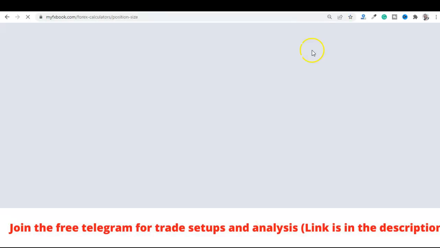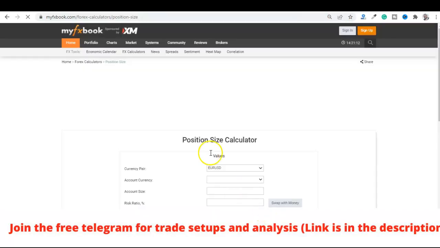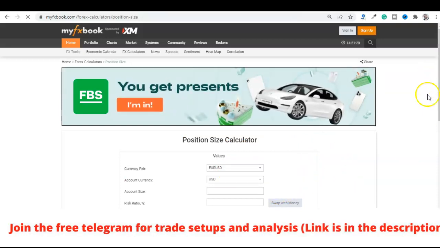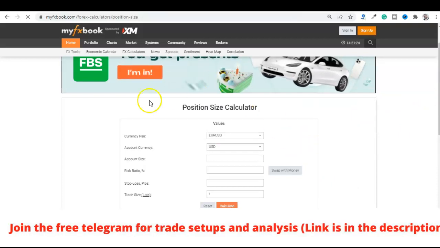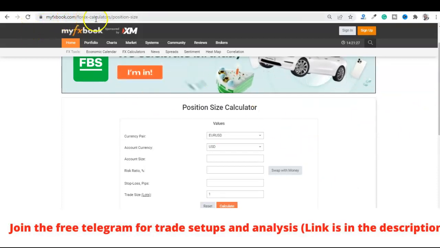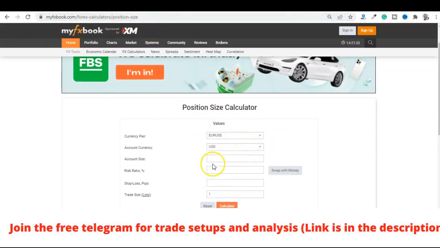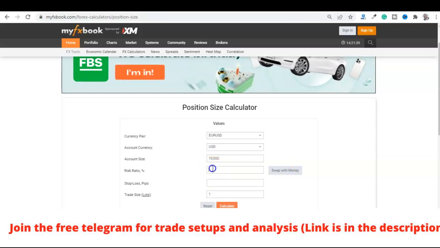This is used to determine the lot size to be used. For example, if you have a 10,000 naira trading account, the site I use is myfxbook.com/forex-calculator/position-size. I use this website every day, except probably on weekends. Even at weekends, for backtesting, I still use it.